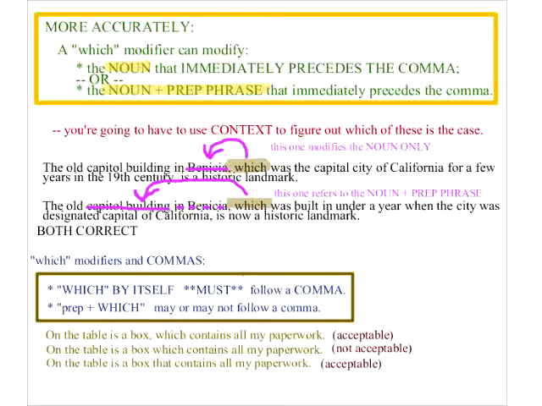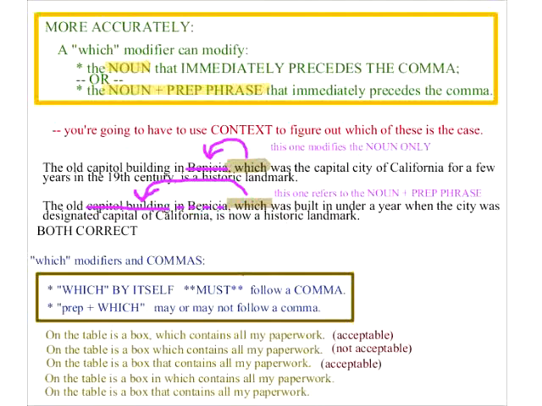So let me do this more efficiently. Let's copy and paste. We're going to make some small mods to these. On the table is a box in which I keep all my paperwork. On the table is a box, comma, in which I keep all my paperwork.